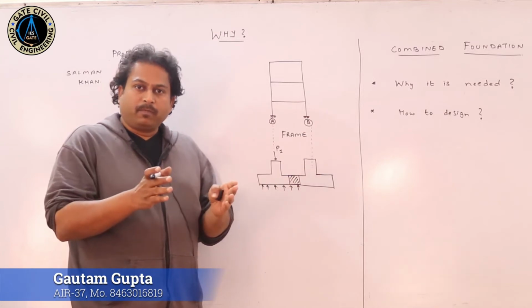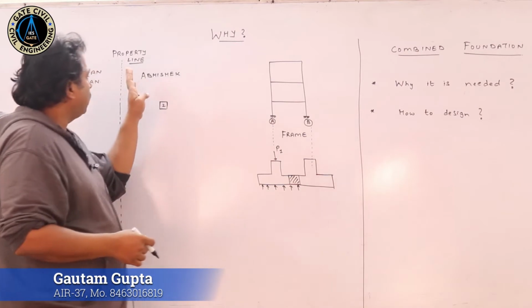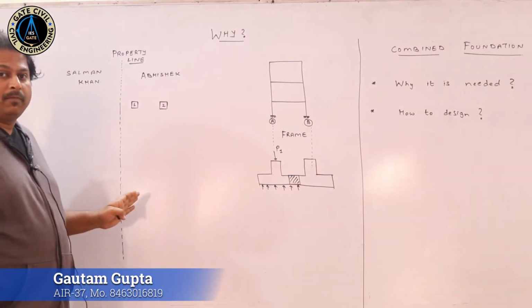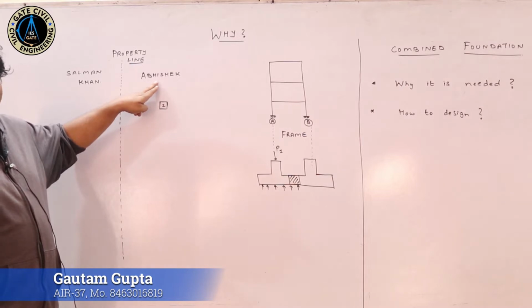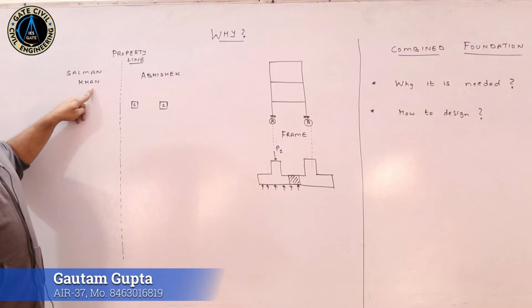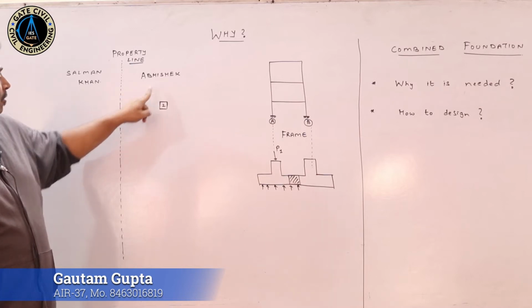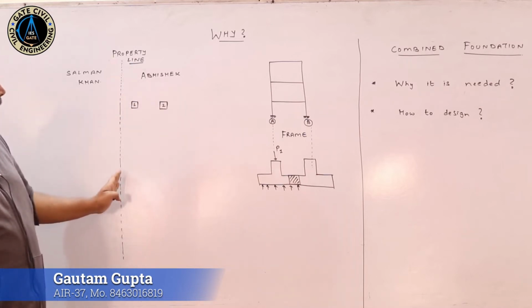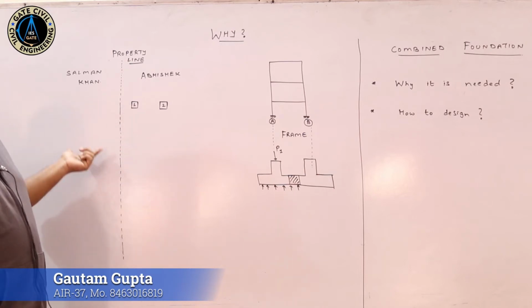For another example, suppose this is the property line. Everybody might be familiar with this particular name, Abhishek, and this name, Salman Khan. I know that you can identify the surname of this particular person. Now, in this property line, suppose the property of Abhishek is this portion, and the property of Salman Khan is this portion.